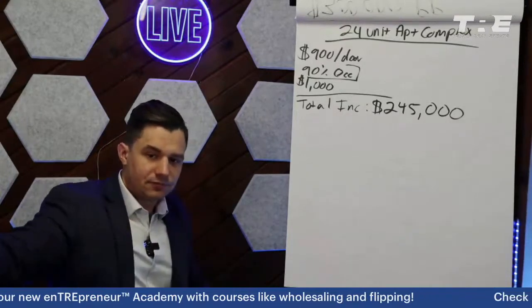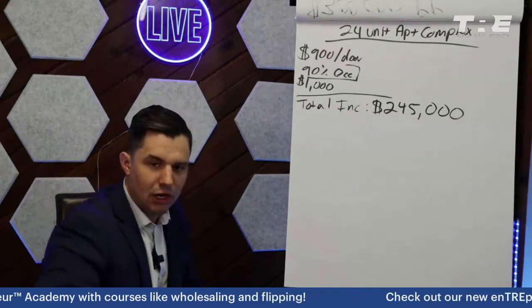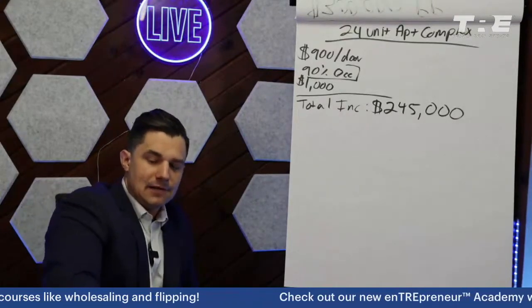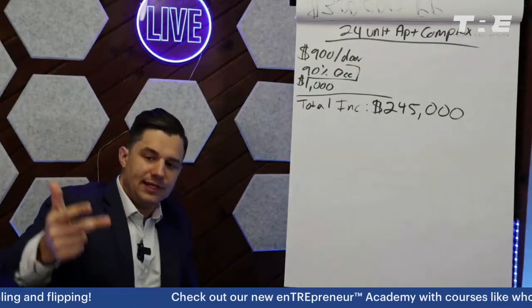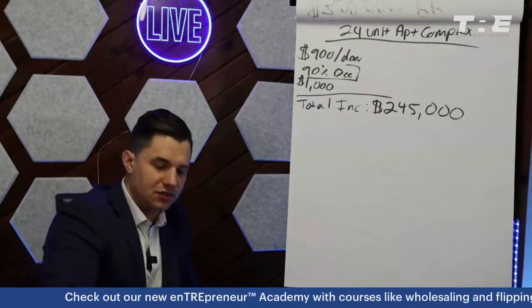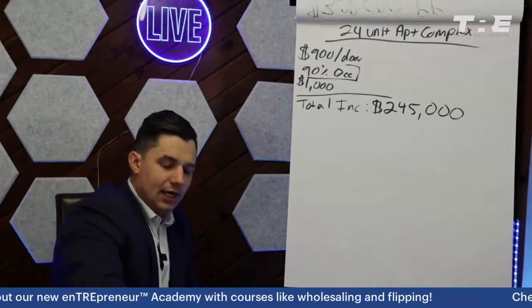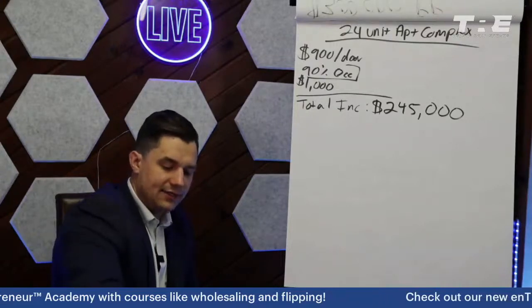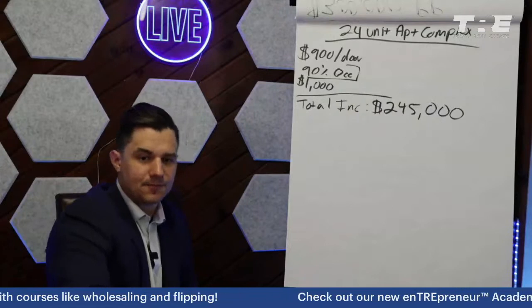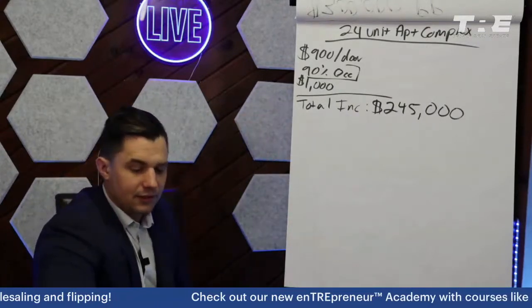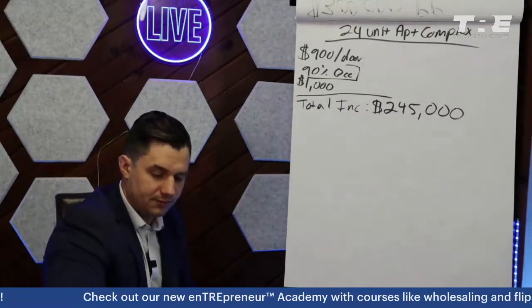Now, let's say our operating expenses, taxes, insurance, maintenance, management, utilities, etc., is going to run us at, let's call it 40% of the income, times 0.4.